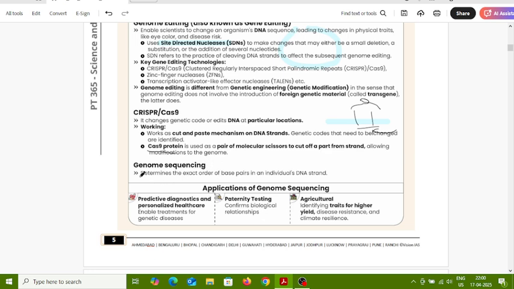Then genome sequencing. Genome sequencing means determining the exact order of the base pairs of an individual strand.